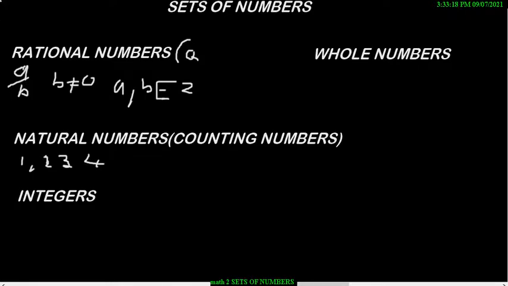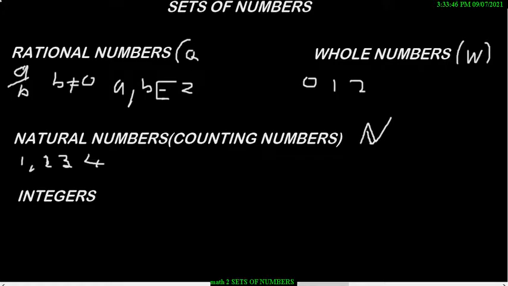Now when someone starts from 0, these are whole numbers: 0, 1, 2, up to infinity. And the symbol for this is simply W like that. The symbol for natural numbers is something like this.